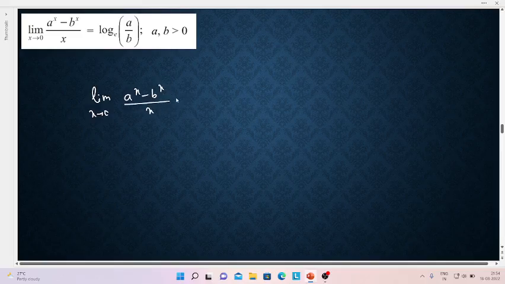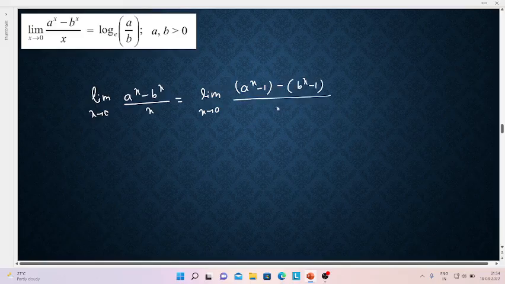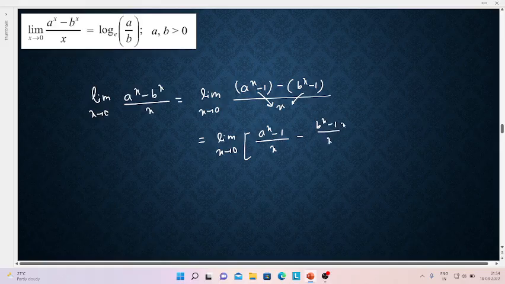This a to the power x minus b to the power x can be written as limit x tends to 0 of a to the power x minus 1 minus b to the power x minus 1, upon x, right? And that can be separated. So that will be limit x tending to 0 of a to the power x minus 1 upon x, minus b to the power x minus 1 upon x, right?